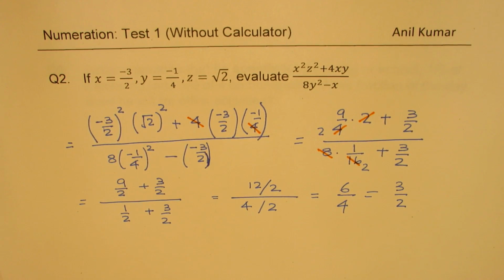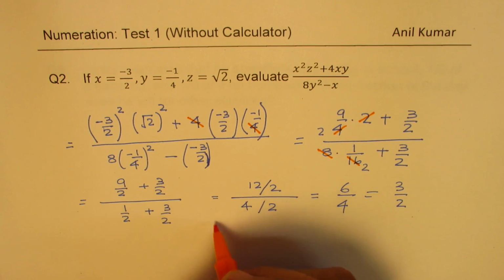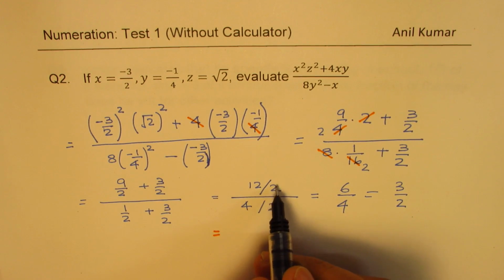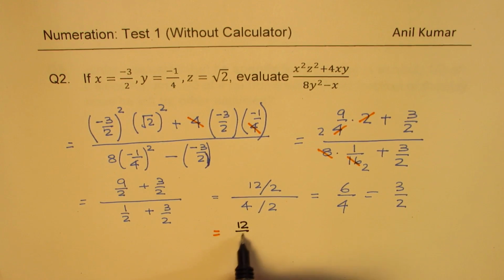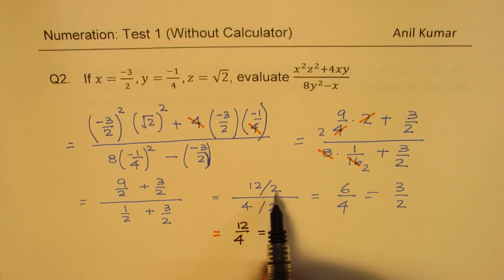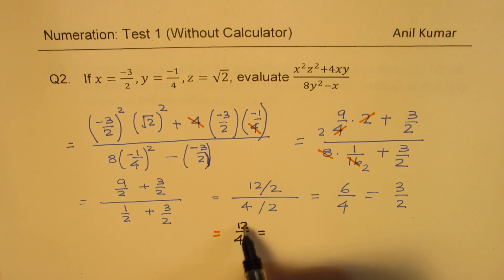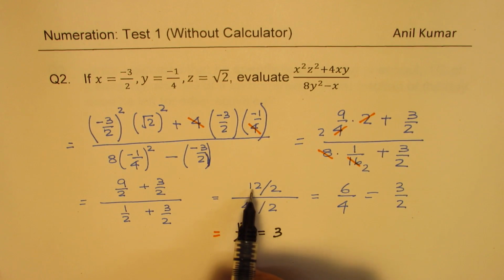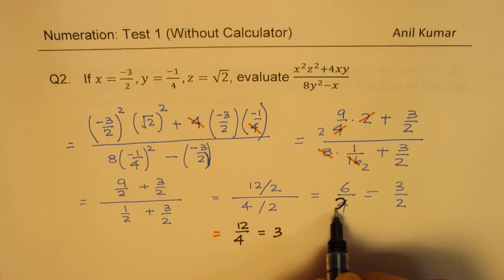Correct? So you could have gone the other way also. From here, we could also write this as, let me use another ink. We could cancel these 2's and we could write this as 12 over 4, dividing 12 by 4, we get 3, right? So I made a mistake here. When I divide 12 by 2, I do get 6, but 4 divided by 2 is not 4, but 2, right?